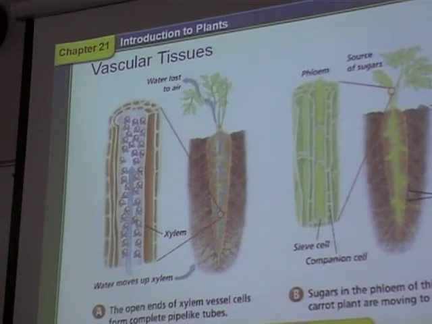Xylem tubes grow fast in the spring and summer, and thus the xylem cells are wider and look white. And xylem grows slow in the fall and winter, and the xylem tubes are smaller and look dark. So what you see is light, dark bands as every year the tree grows out. The wider the tree is, the older it is.